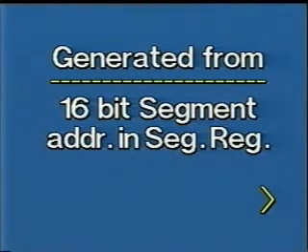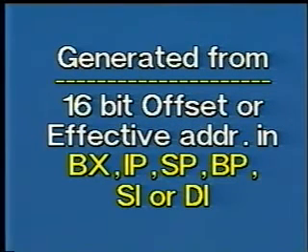The address contained in the segment register is called segment address, while the address contained in the registers BX, IP, SP, BP, SI, or DI is called the offset or effective address.